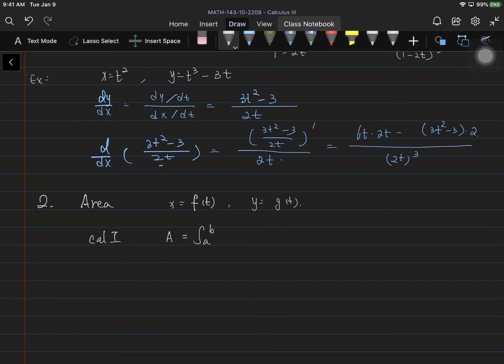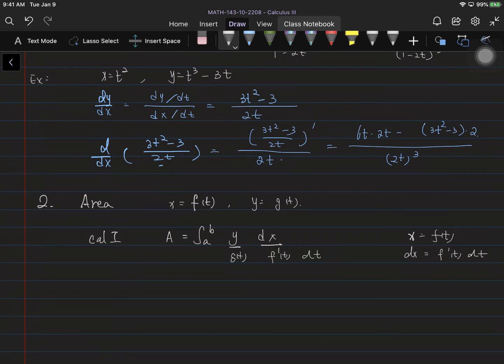So the definite integral is from a to b of the function dx, right? Right now we just want to replace y by g(t), and for dx, if you look at our x equals f(t), dx is like the differential we learned before, which is f prime t dt.